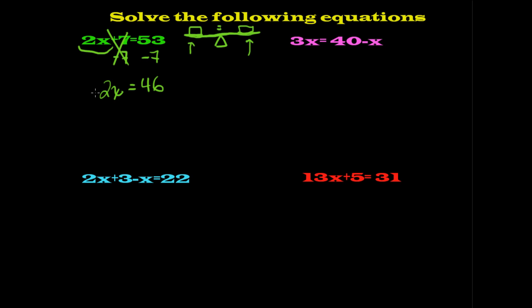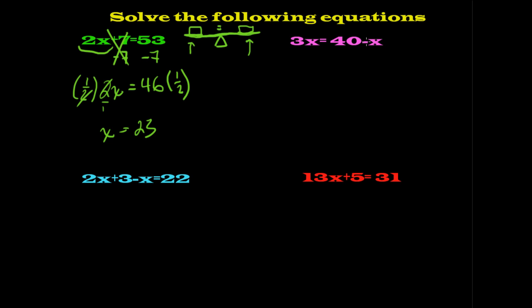Now I could divide by 2 or I could multiply by 1/2 to get the x by itself. Let's multiply it by 1/2. It's the same thing as dividing it by 2. But anyway, those cancel. 46 divided by 2 is 23. So x equals 23. Plug it in to check it.